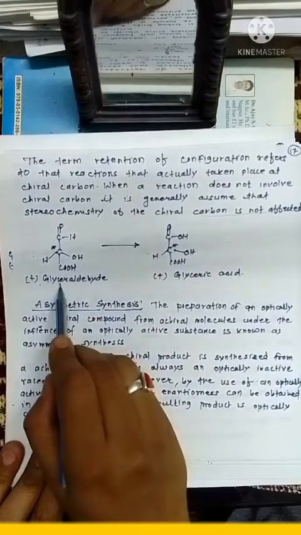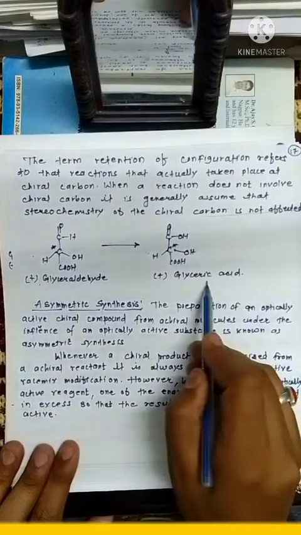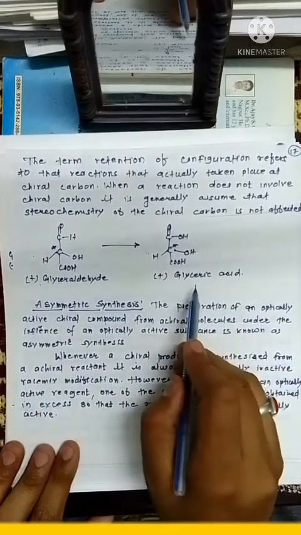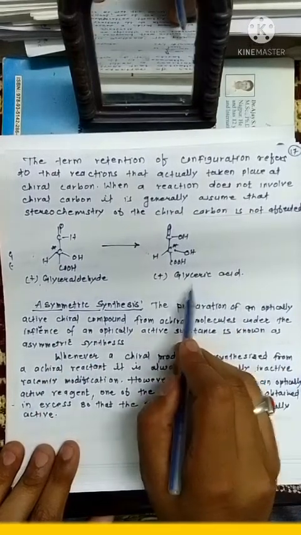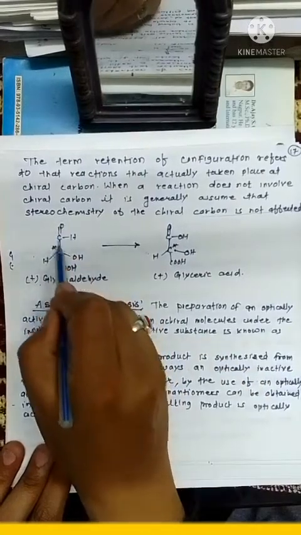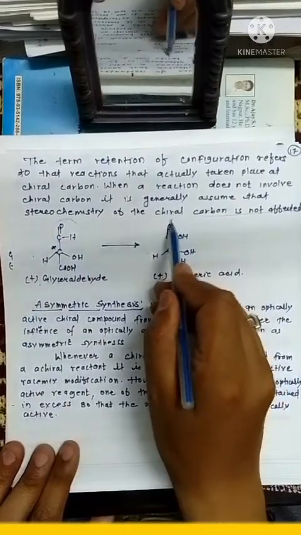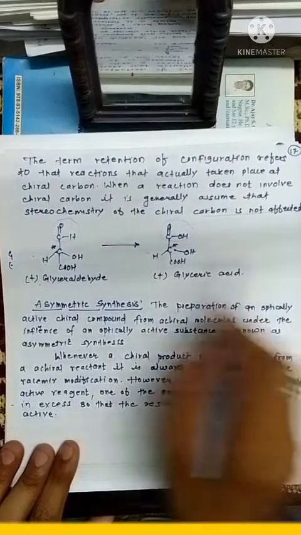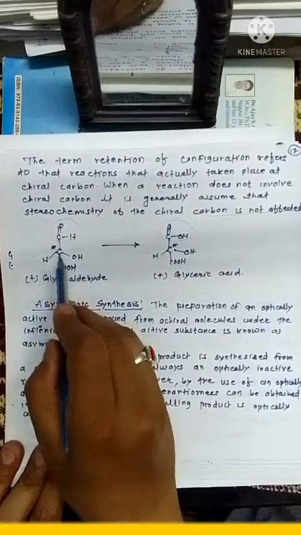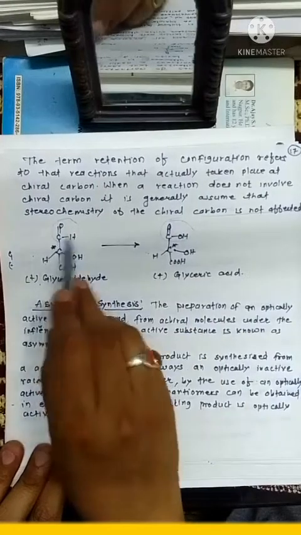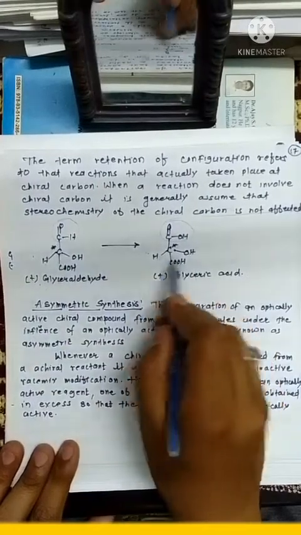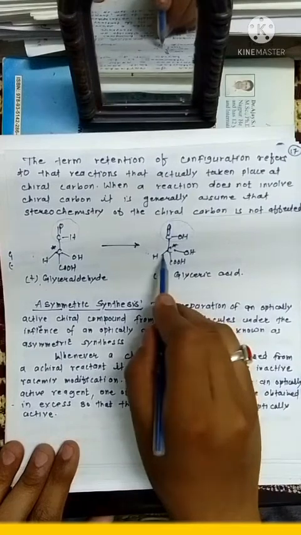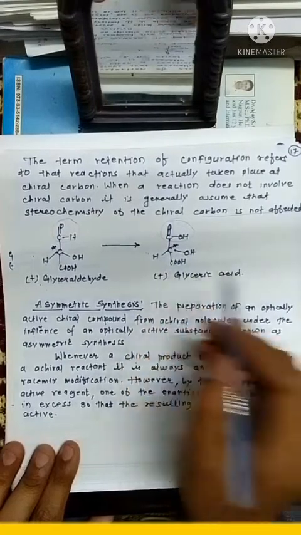So when conversion of glyceraldehyde into glyceric acid takes place, basically this carbonyl group gets oxidized into COOH. That's why this chiral carbon is not involved in this change, and the stereochemistry of such a carbon is generally unaffected.